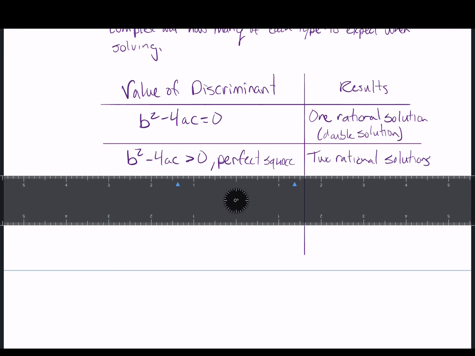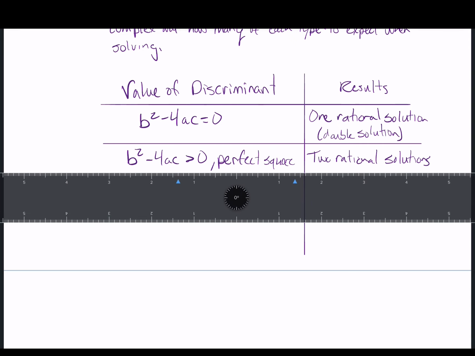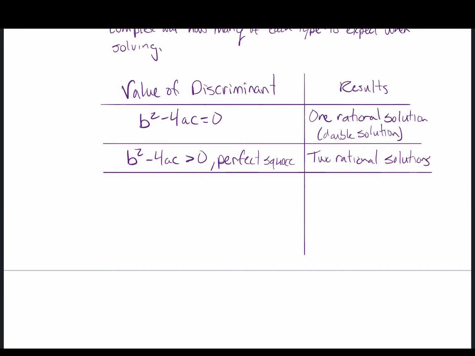Again, we'll bring our ruler out. Okay, we talked about when it's a perfect square and greater than 0. What happens when it's greater than 0, not a perfect square?